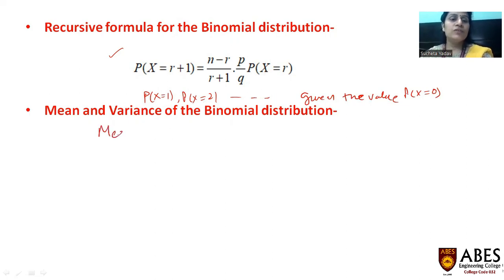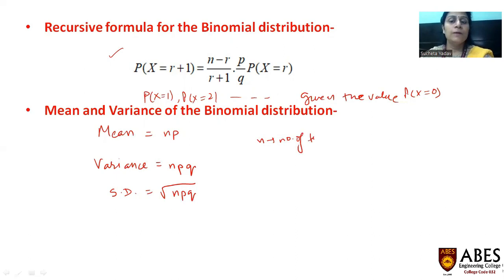Now, the mean of binomial distribution is given by n into p, and the variance of binomial distribution is given by n into p into q. We can find the standard deviation also, which will be given by under root of n p q. Here n is the number of trials, p is the probability of success, and q is the probability of failure.